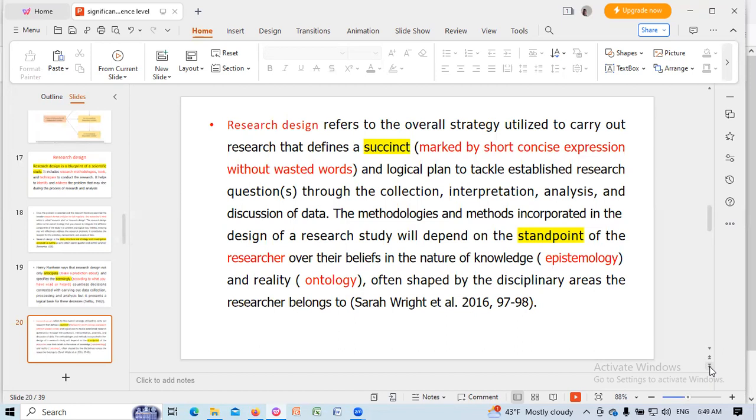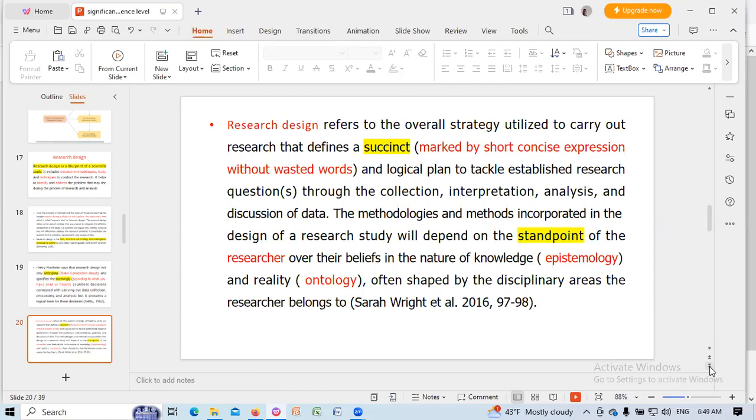The methodologies and methods incorporated in the design of the research study will depend on the standpoint of the researcher over their beliefs in the nature of knowledge, that is epistemology, and reality, ontology, often shaped by the disciplinary area the researcher belongs to.